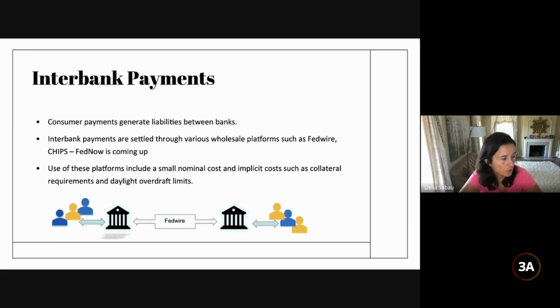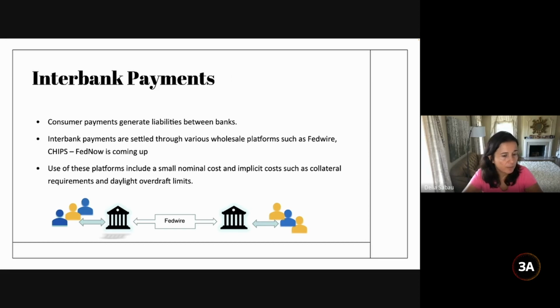So now, how do banks exactly plug into the payment system? If you think about two separate banks, each of whom has consumers that bank with them, at some point the consumers at each bank are going to have business relationships with each other, and they're going to either write checks or swipe credit cards or do something, and the banks are essentially going to owe each other money.